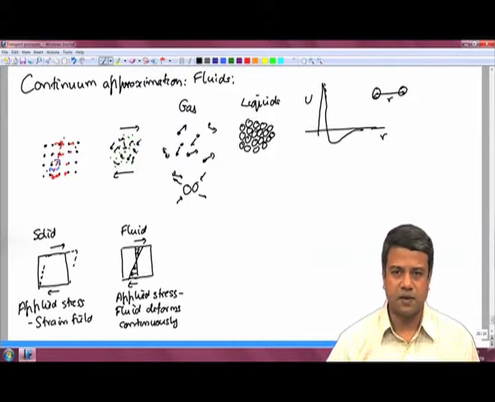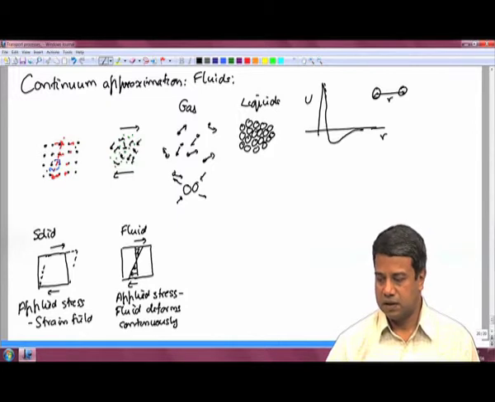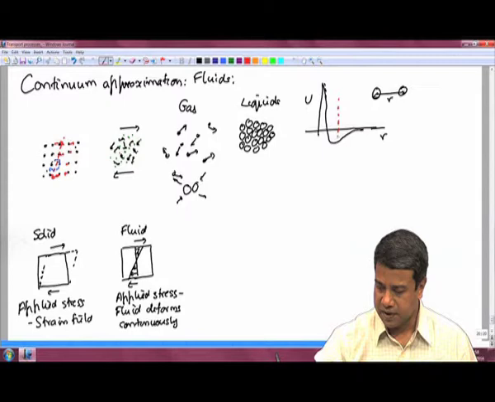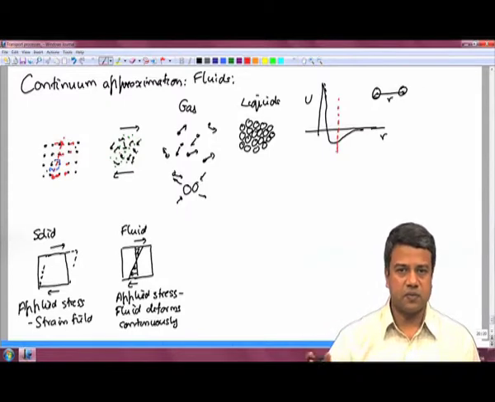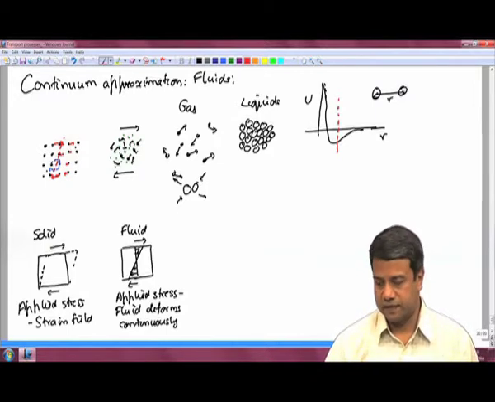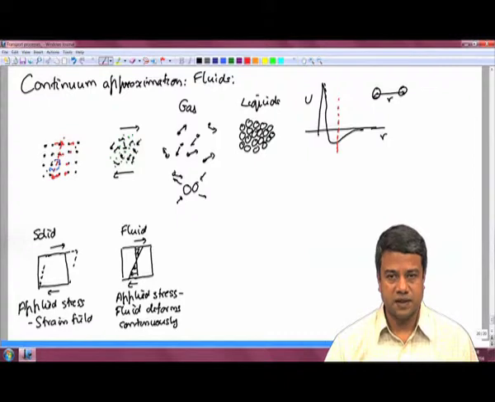This is a typical potential versus distance curve for molecules. In the case of liquid molecules, each molecule is close to the potential minimum of the neighboring molecules. So, the distance is comparable to the molecular diameter itself. So, that is the fundamental difference.